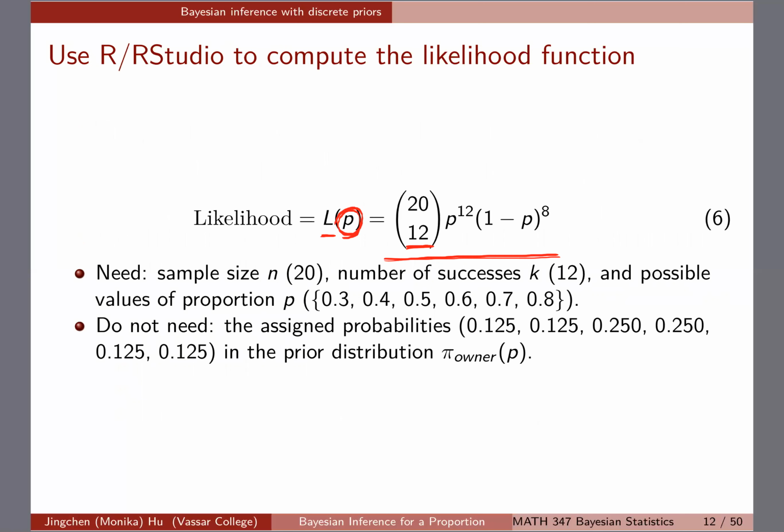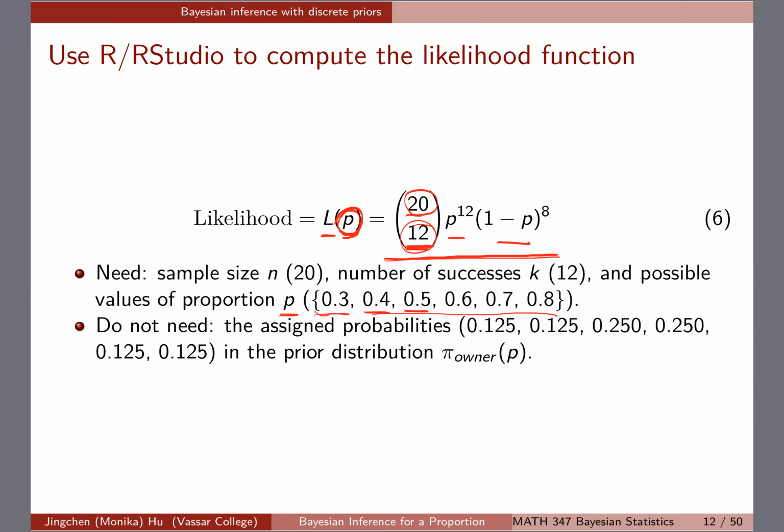Everything else is known, and we also know the p value can be 0.3 through 0.8. So essentially what we need is 20, which is n here. We also need k, or small y, the number of successes. Once we know those two, plus each particular value of p, we're able to compute the likelihood function at each value.